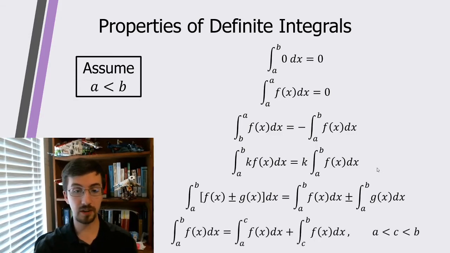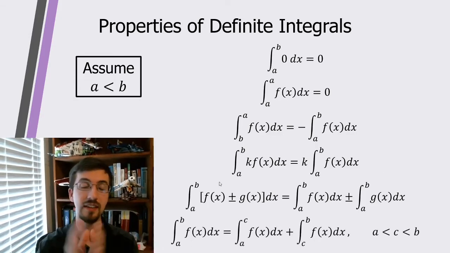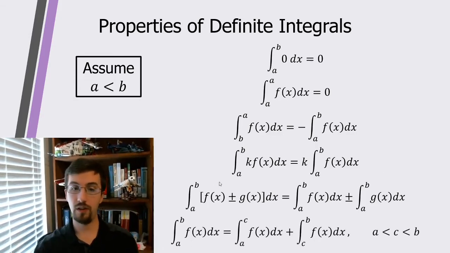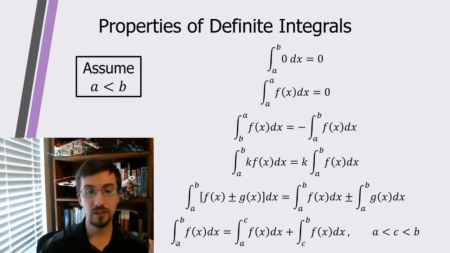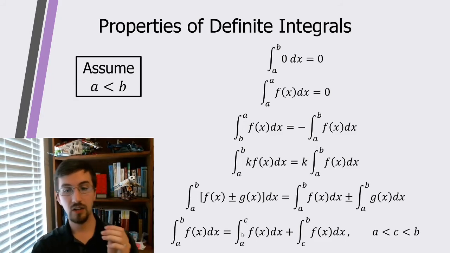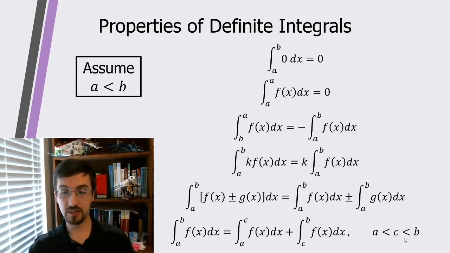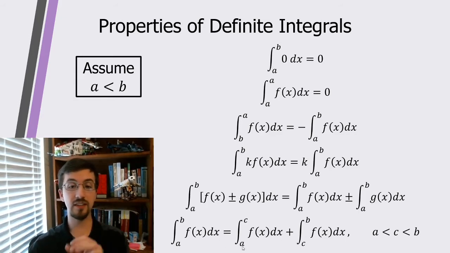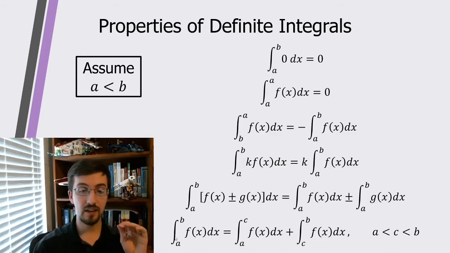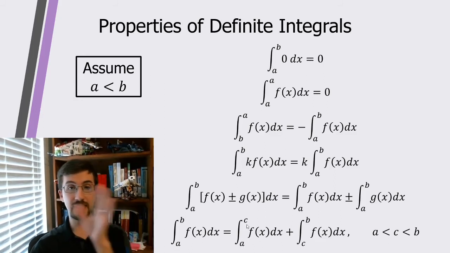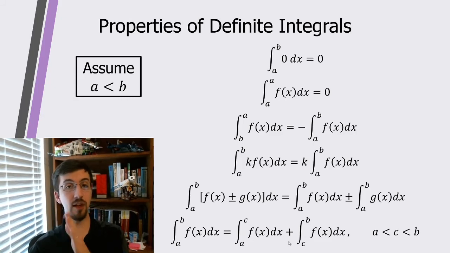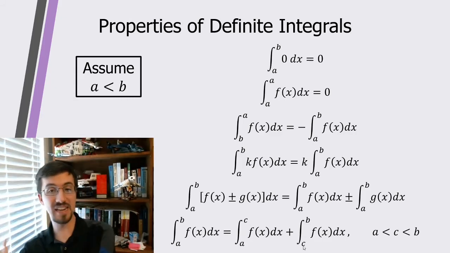The last property we're going to talk about is this idea that you can split up an integral. So if you have a function that you're integrating from a to b, you can pick a point in the middle, call it point c. You can see c is here in between a and b. And you can split it up, and you can say integral from a to b is the integral from a to c of your function plus the integral from c to b of your function.